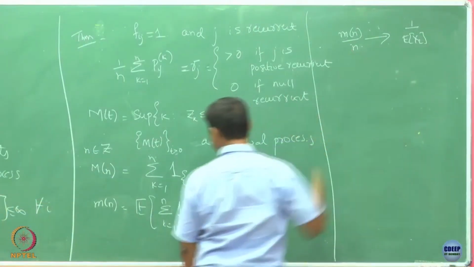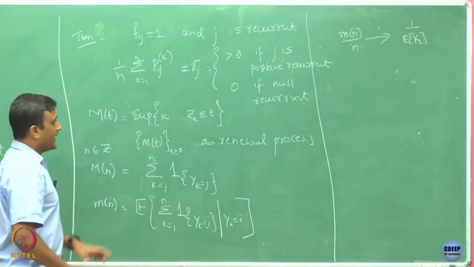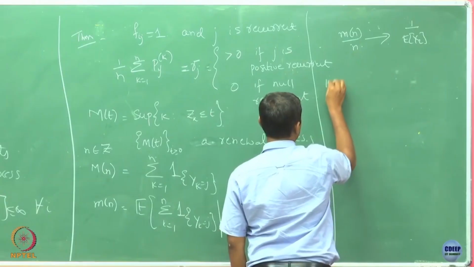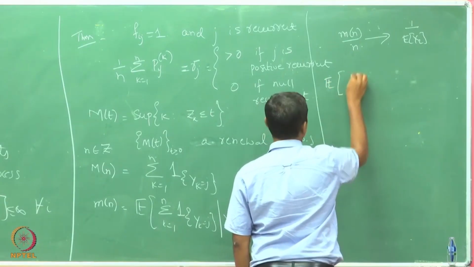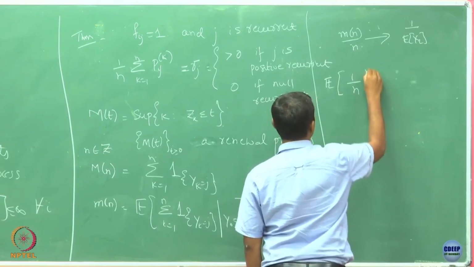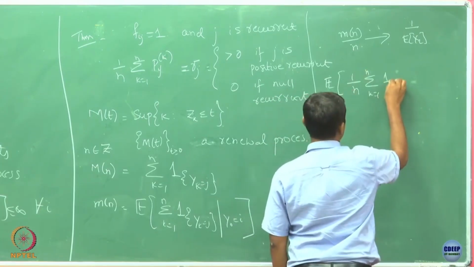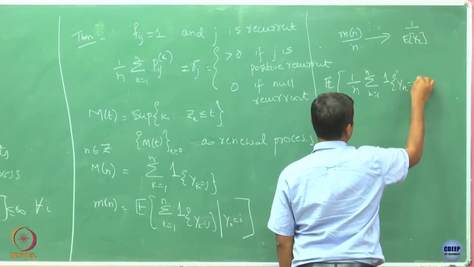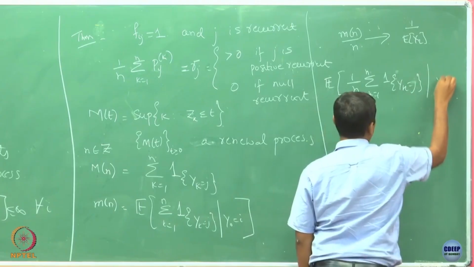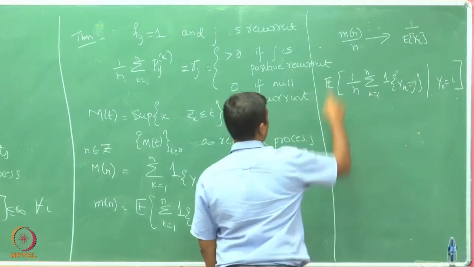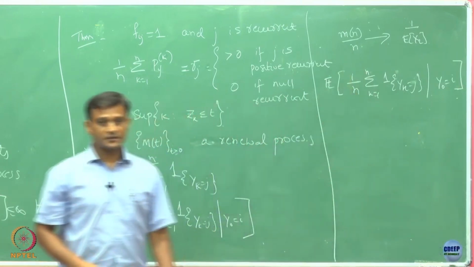Okay, now let us understand what this quantity is. Let us focus on this. If I have m n by n, this is going to be what? This quantity here is the expectation of 1 by n times the summation from k equals 1 to n of the indicator that y_k is equal to j, given y_0 equals i, right. I am just writing the expression for this.